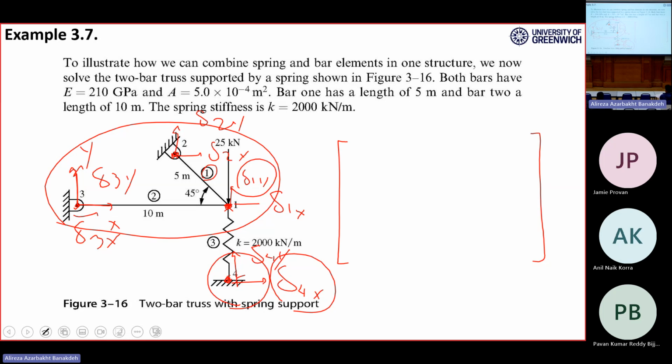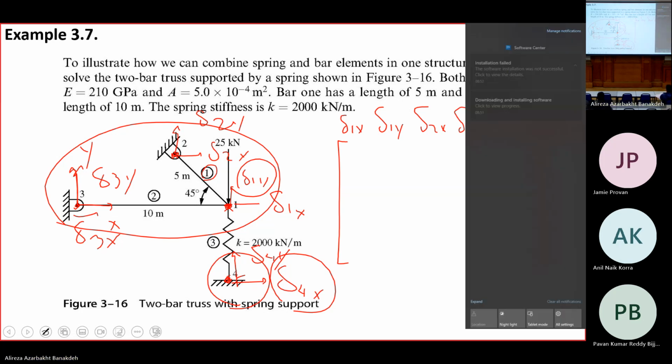What degrees of freedom do I have to write at the top? Let's start. We have delta 1x, delta 1y, delta 2x, delta 2y, delta 3x, delta 3y, and delta 4y.